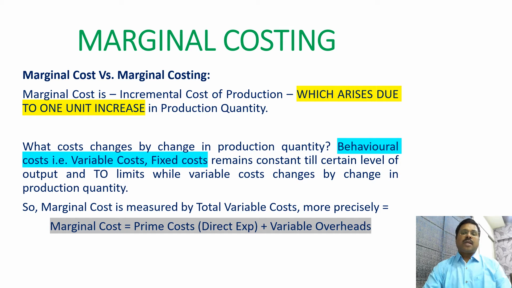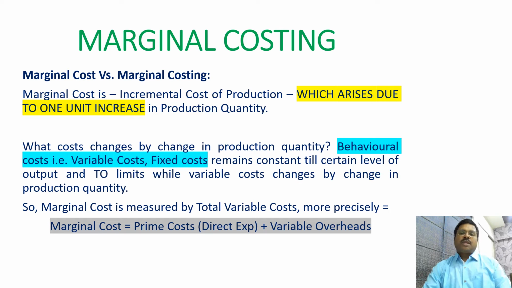If you recollect chapter 1, it is clearly mentioned that behavioral cost changes by change in production quantity, the level of production quantity. So what are behavioral costs? Variable costs and fixed costs are behavioral costs. Fixed cost remains constant up to a certain level of production or turnover limits, while variable cost changes for every change in production quantity.